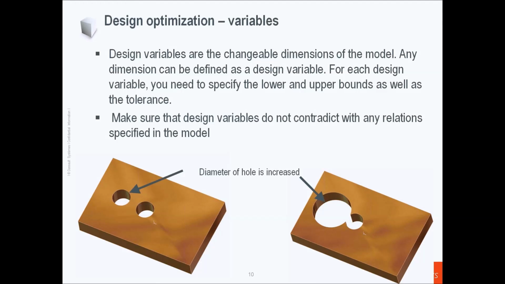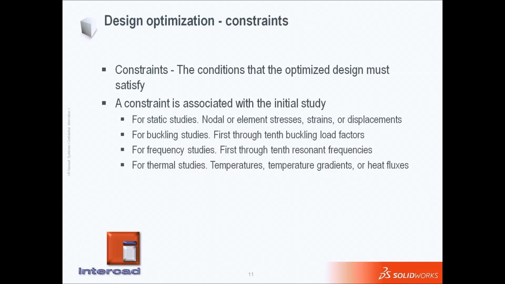For the variable set, as we explored before, these are the dimensions or loading factors that you will select, but you should select very, very carefully so that there is no contradiction with the other dimensions you have. For the constraints, this is the place we put our limitations, not just for monitoring, this time for limiting and telling what my design criteria are.